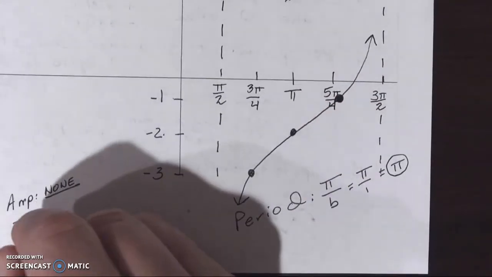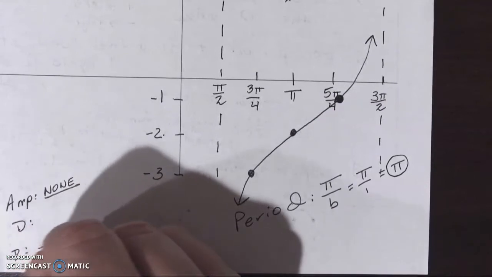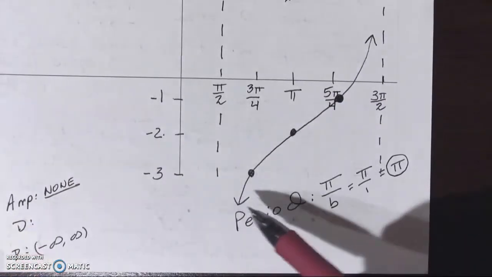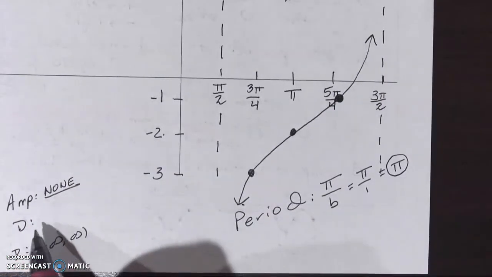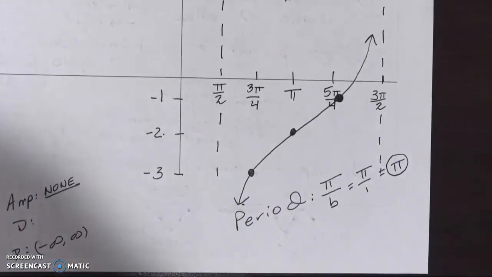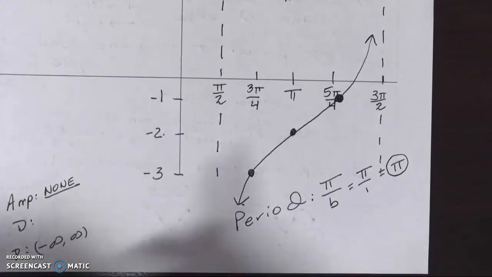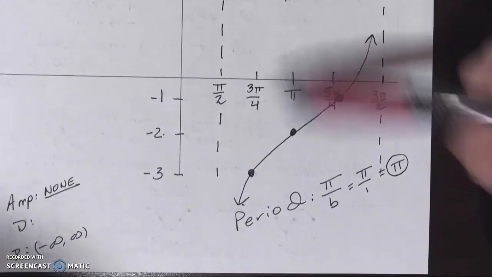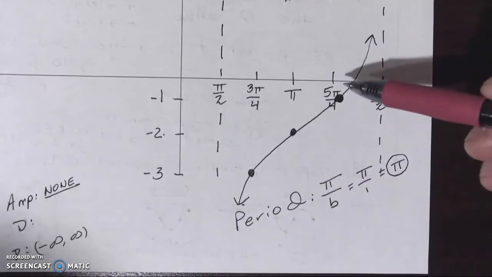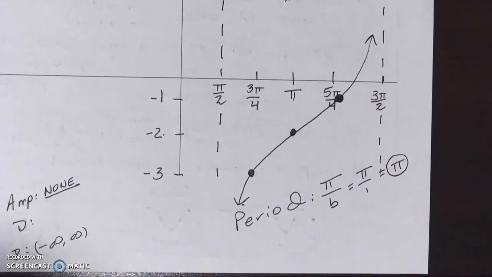The domain and range. Let's do the range because it's easy. Negative infinity to positive infinity, as you see the arrows here. The domain we touched on briefly in part 1. Okay. When a cyclical graph, a graph that will repeat, this graph will keep repeating every pi units. It'll repeat and it'll repeat and it'll repeat.